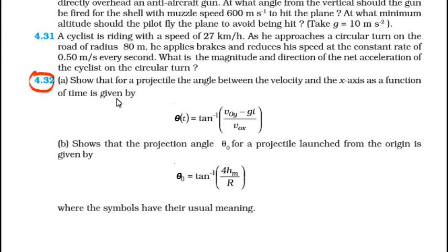B. Shows the projection angle theta 0 for the projectile launched from the origin is given by theta naught is equal to tan inverse 4 hm upon R, where the symbols have their usual meaning.